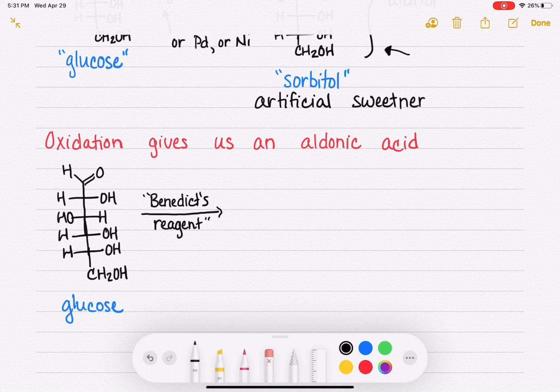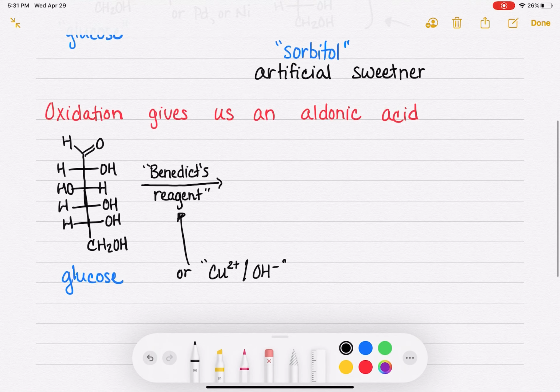You may also see, instead of that, Cu2+, the copper 2+ ions with OH-. Those are the components of Benedict's reagent. So you could see it written that way. And on some of the problems, it's just giving you Cu2+, not including the OH-, which would be an abbreviated version of writing out Benedict's reagent.